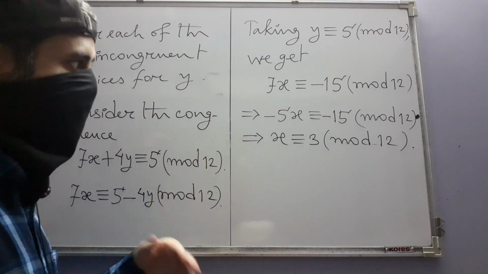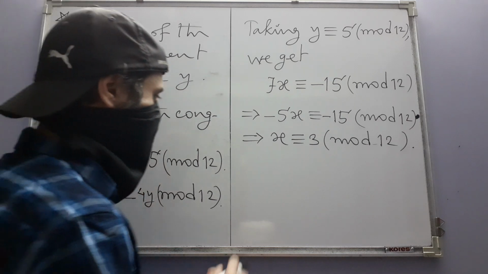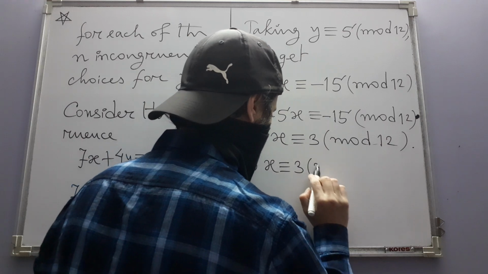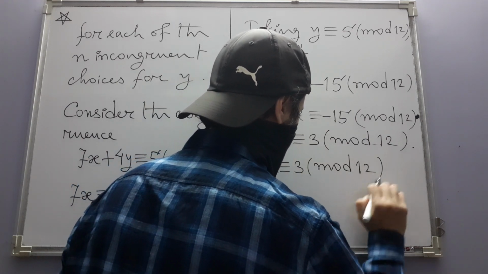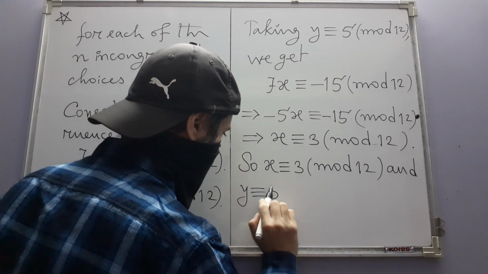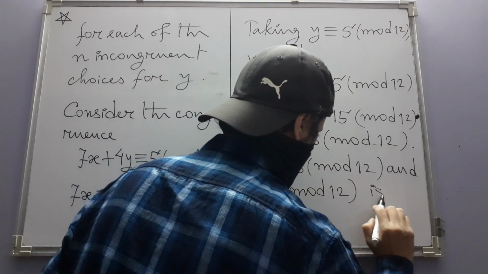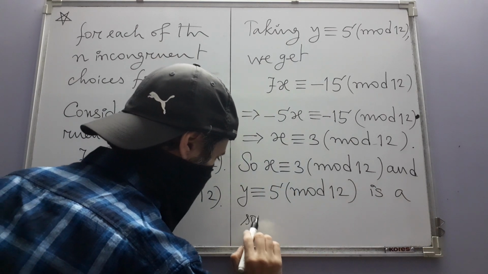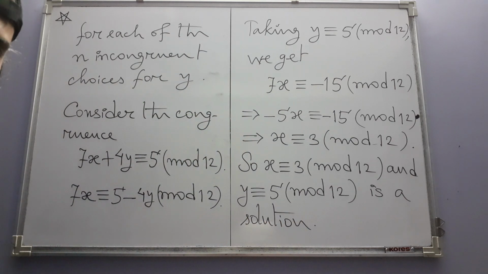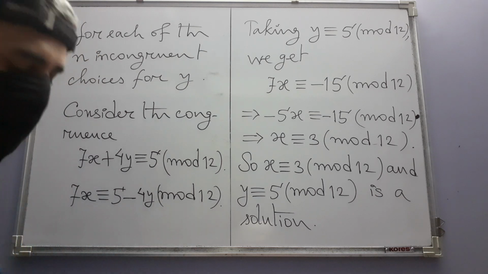And these two things together give you one solution to your original congruence. So x congruent to 3 mod 12 and y congruent to 5 mod 12 is a solution. You can find other solutions also like this by choosing some other congruence class for the y variable.